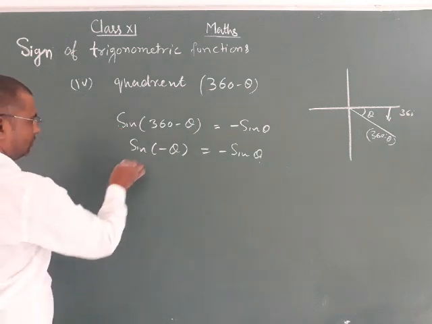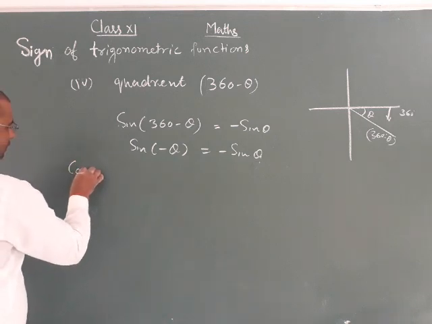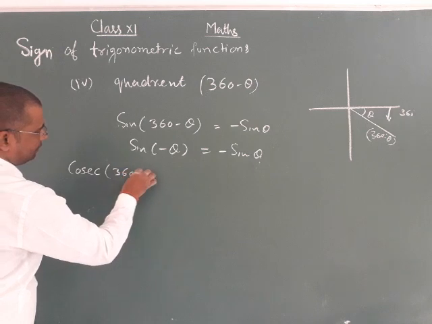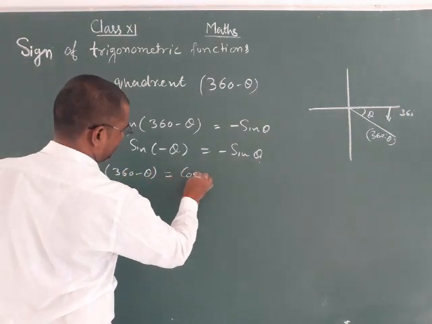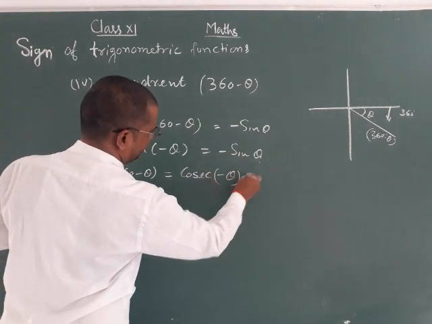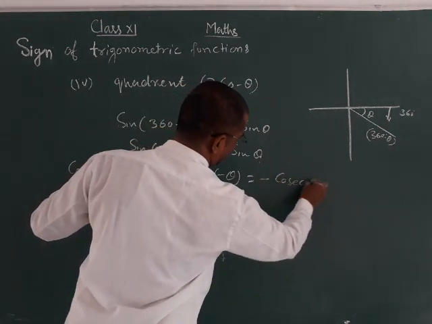And also cosec(360 minus theta), or cosec(minus theta), is equal to minus cosec theta.